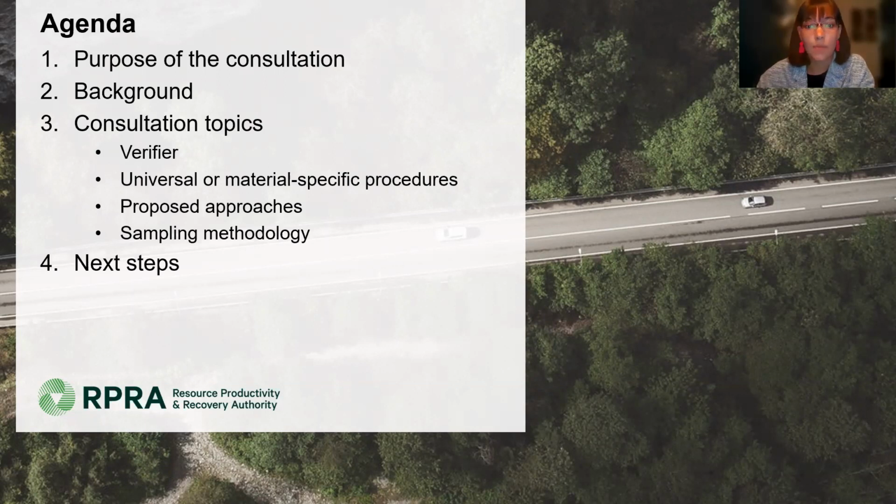We will then provide some background context on the procedures, and then we'll dive into the topics that we are actually consulting on, which are the qualifications of a verifier, the universal or material-specific procedure options that we are proposing, and then the proposed approaches to the procedures and sampling methodology. And then finally, we will provide a summary of the webinar as well as next steps.